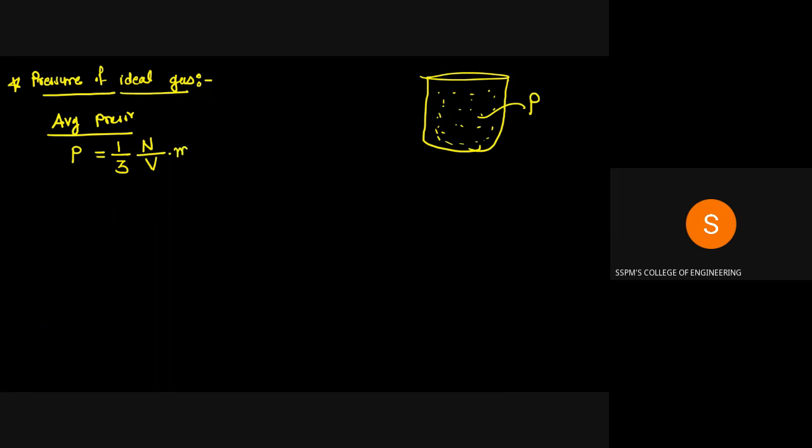Suppose we have a container like this, and there is a gas pressurized inside it. Then this pressure P is given by the equation P is equal to 1 by 3 N upon volume, where N is the number of molecules, into m, which is the mass, and v square average, which is the average of the velocity squared.